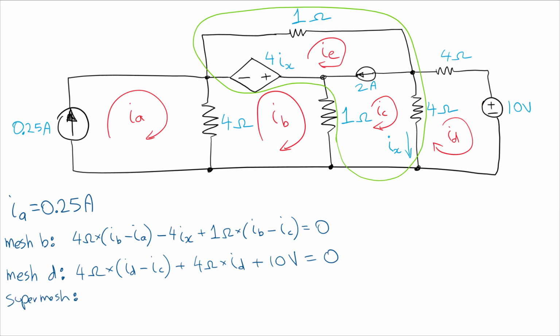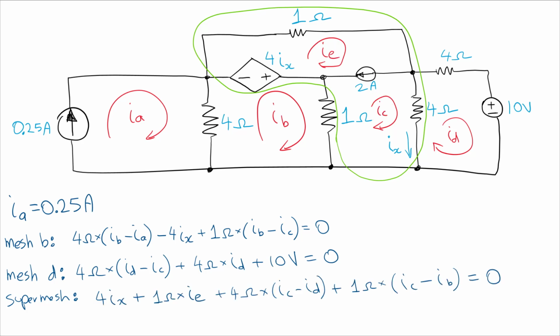So now we do the super mesh equation. So what's that going to look like? Well, the super mesh equation, it's one equation, but it's composed of 2 parts. One part is the mesh E part, and the other part is the mesh C part, okay? And it's combined. So then we write the equation, and it looks like this. So what's happening here? Let's say we start here, we come around this way, and we see the positive sign.